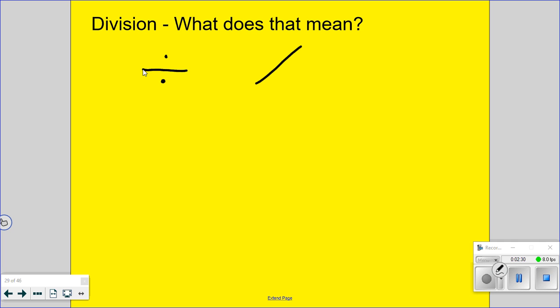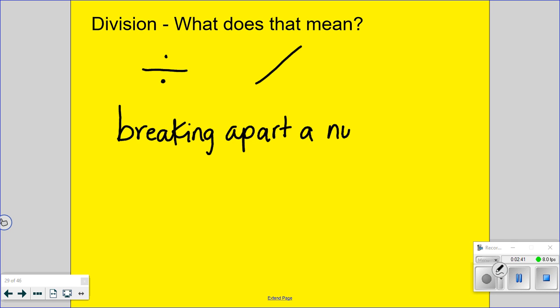I love that. So I heard two things. I heard that we are breaking apart a number, which is definitely true. We would break it apart. Normally, we don't hear the words breaking apart a number in real life. No one says break apart this number.